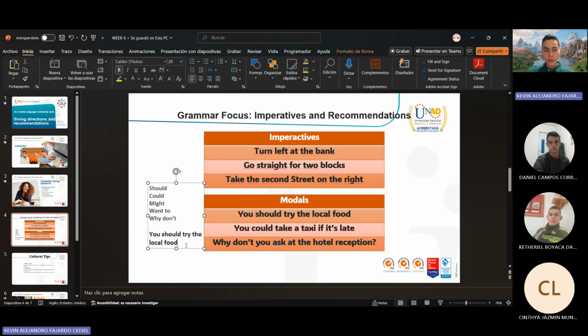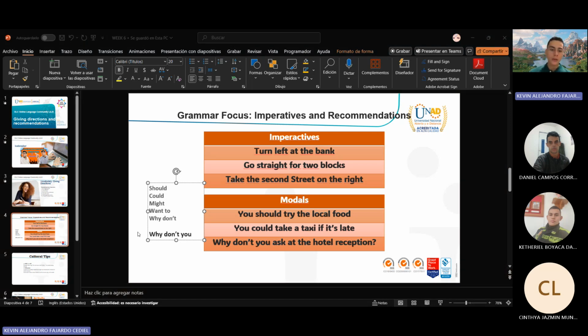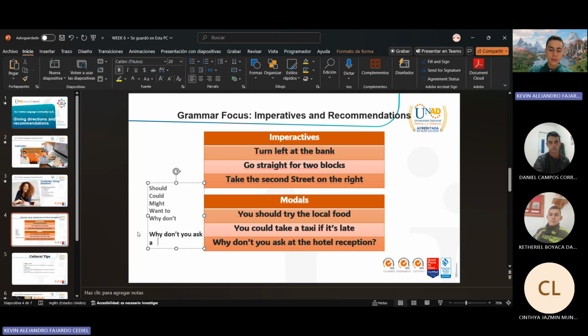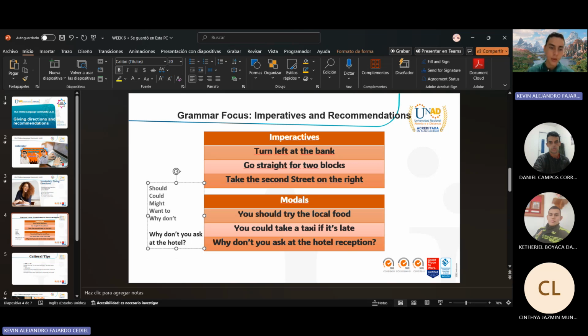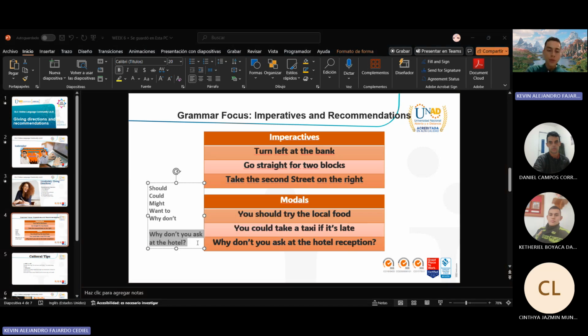So, another example: why don't you ask at the hotel reception? The modal why don't is used when we are asking someone, as a sort of friendly suggestion. In this case: why don't you ask at the hotel?